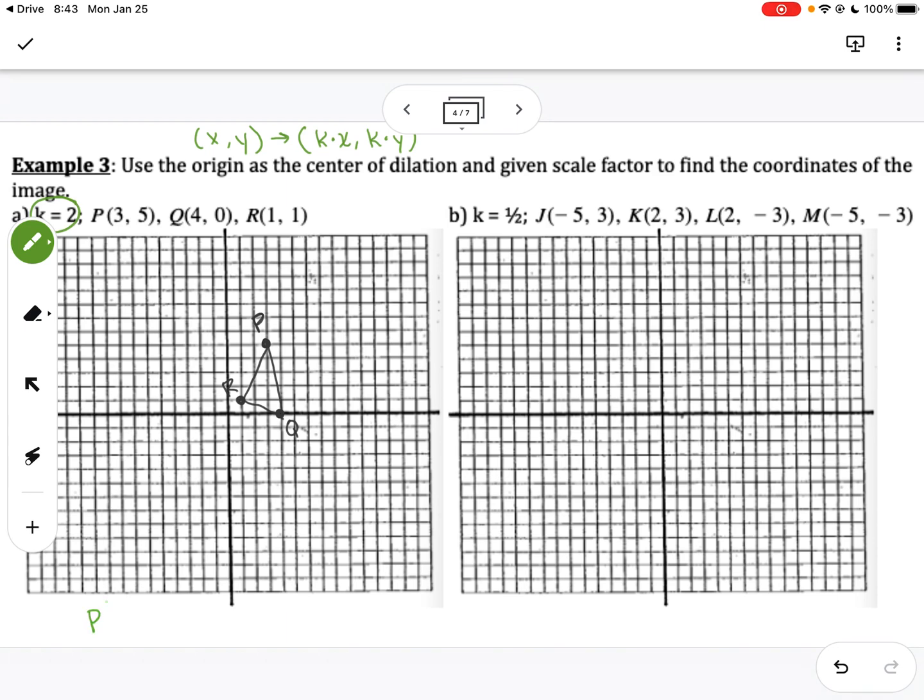My center of dilation is the origin, so I can use this rule. My scale factor is 2, so I'm going to multiply both parts of that ordered pair by 2. So it's 2 times 3, which is 6, and 2 times 5, which is 10. So P prime, the image of P, is going to be at 6, 10.